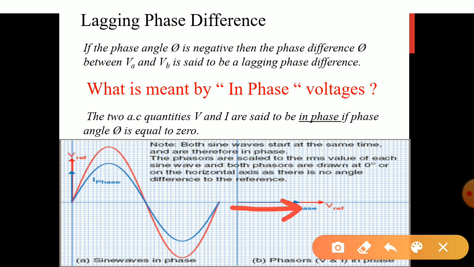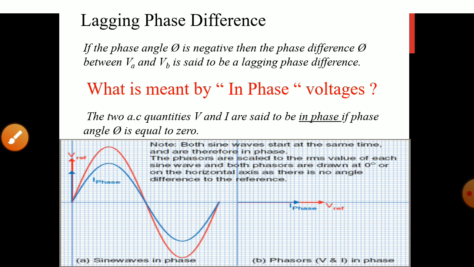So these are in phase. Both sine waves start at the same point and therefore they are in phase. The phasors are scaled to the RMS value of each other. The sine wave and both phasors are at 0 degrees, on the horizontal axis. So there is no phase difference with reference to both signals. We call such voltages in phase.